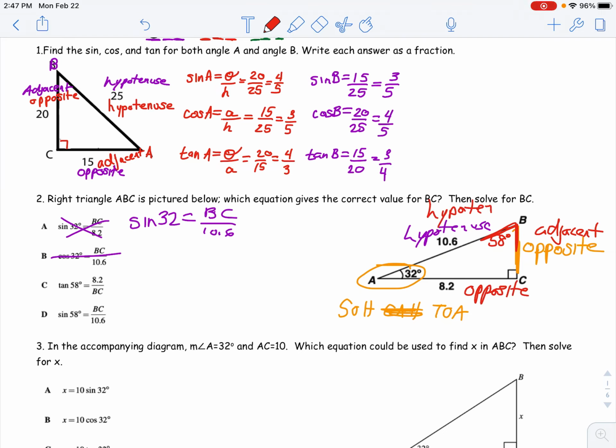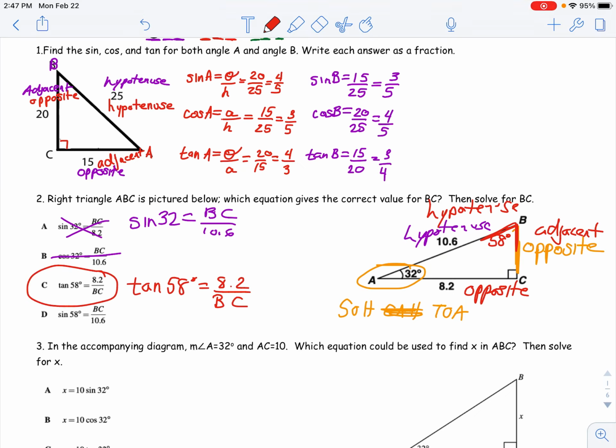So this question's a little tricky if you think about it, because now tan 58, well, if it's going to be this one, 8.2 is opposite, so that checks out. Then adjacent, so TOA using tan. Wow, this is kind of weird. We had to use tangent of an angle we weren't given, and it turns out that this is the right one. All right, so C is right.